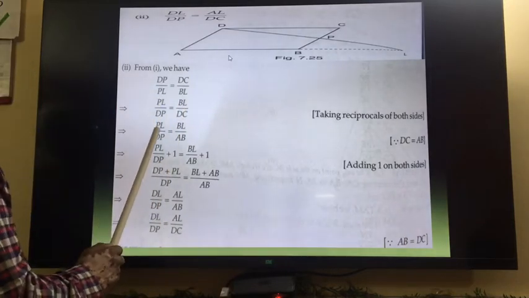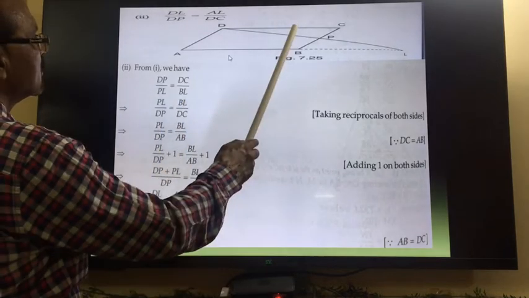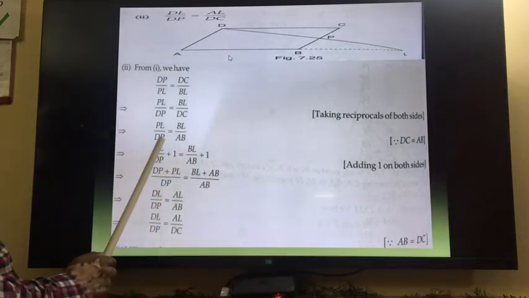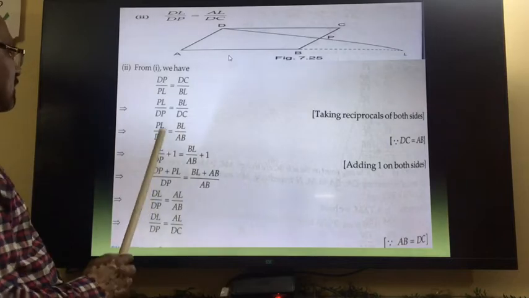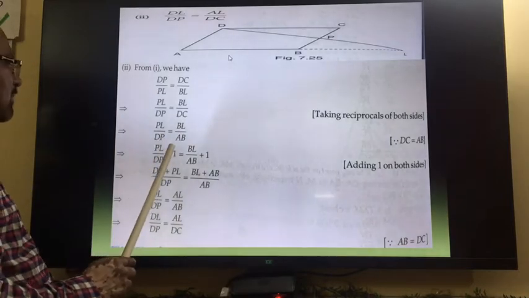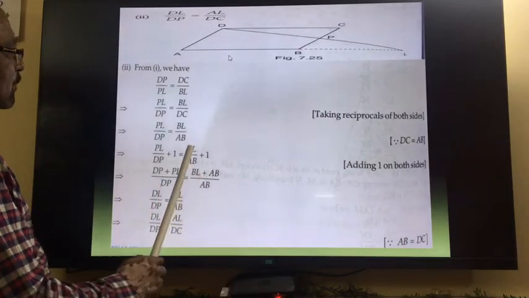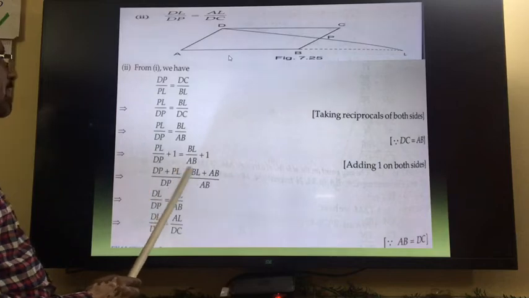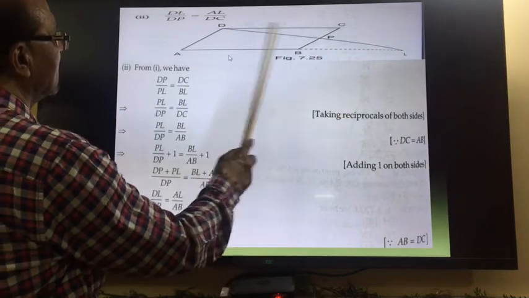After that, PL upon DP is equal to BL upon DC, which equals BL upon AB. After that, we can add 1 on both sides. After adding, we will get PL plus DP upon DP is equal to BL plus AB upon AB. Now DP plus PL will become DL.